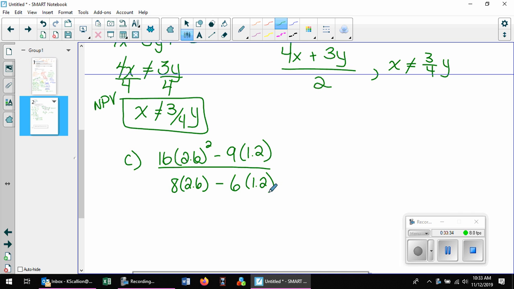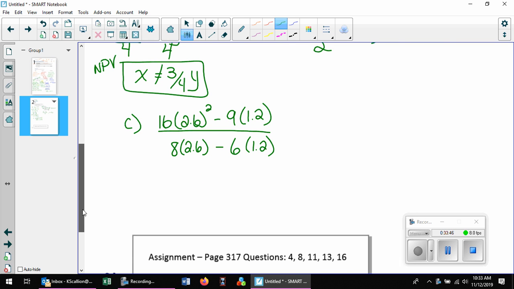Okay, notice I have no equal signs anywhere, right? You guys don't have any equal signs anywhere on your page, right? Because we're just substituting in, there's no equal signs, we're working down the page.